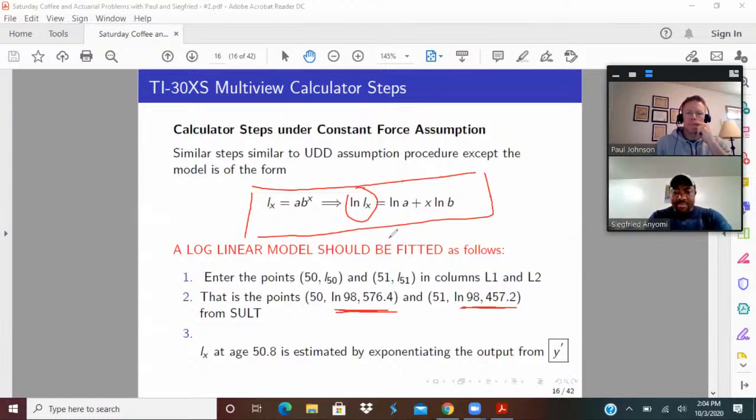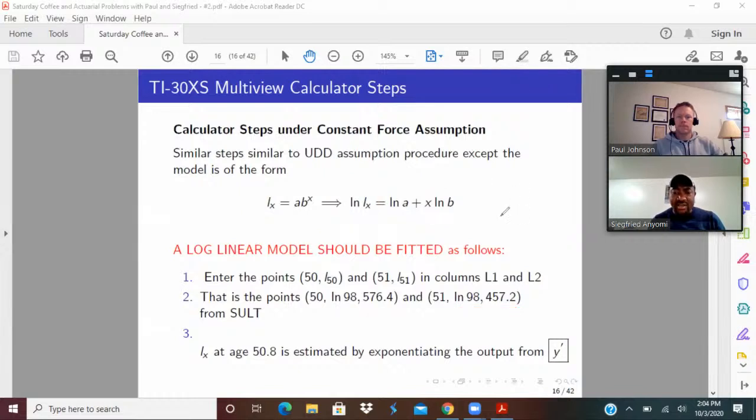Maybe I need to point out that since we're taking the natural logarithm of Lx, ultimately we would need to exponentiate in order to obtain LX itself. So let's see if I can just show that quickly.